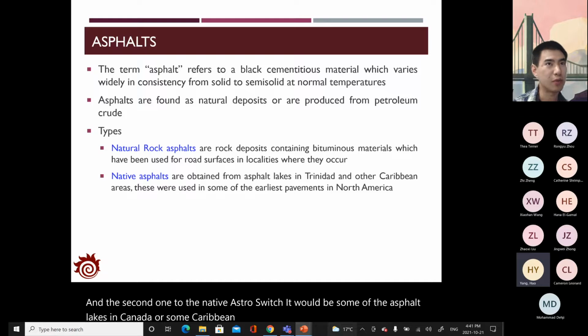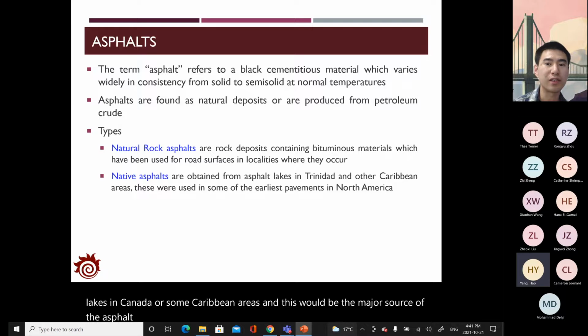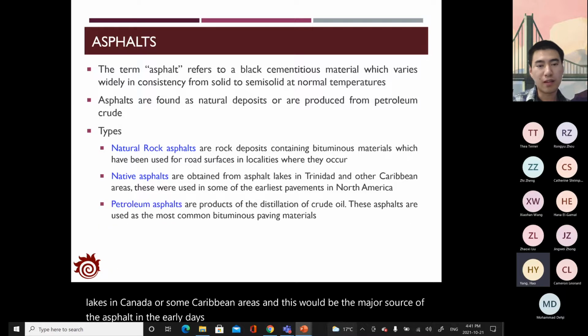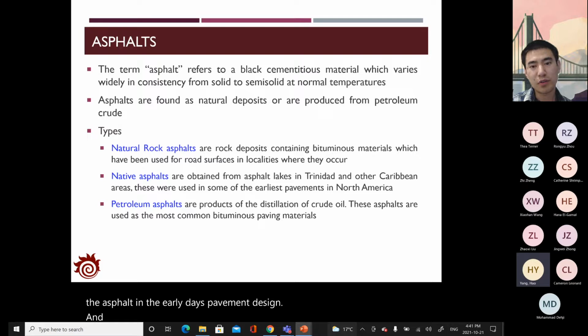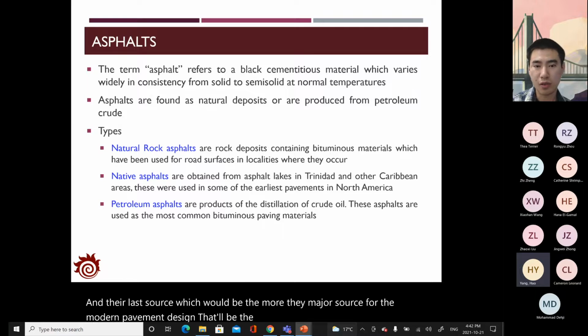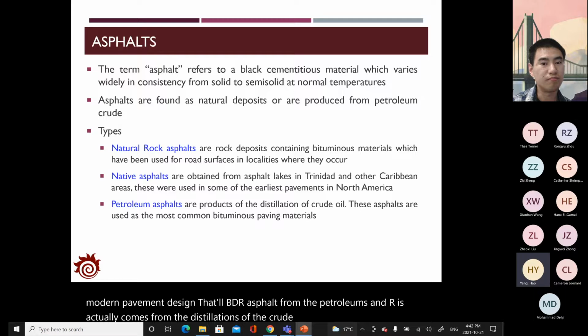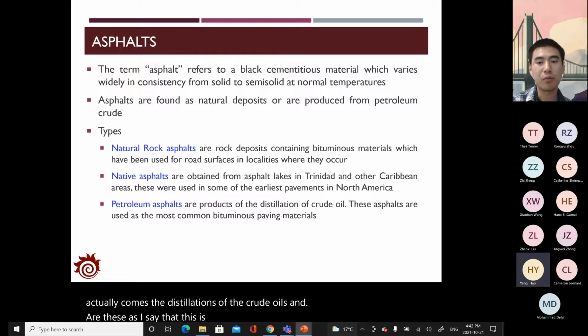This would be the major source of asphalt in early pavement design. And the last source, which would be the major source for modern pavement design, is the asphalt from the petroleums, and it actually comes from the distillation of crude oils. And this, as I say, is the most common material we're going to use nowadays.